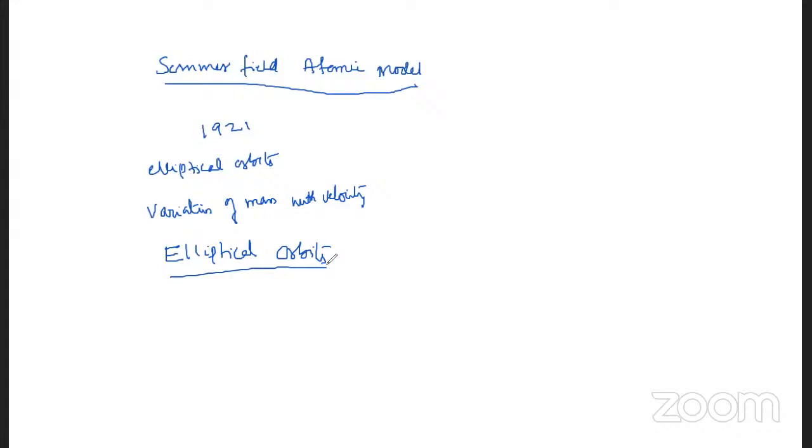First, in the elliptical orbit concept, according to Sommerfeld, the electron moves around the nucleus under the inverse square force, and he compared it with a planet around the sun.